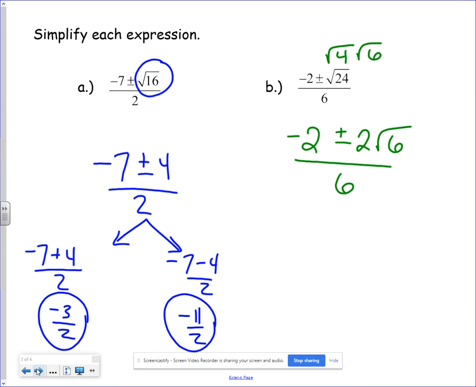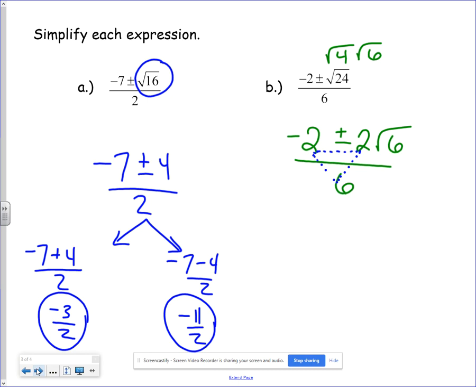Now, this one, I don't want to write it out twice like I did on the first one because I have a square root in my answer. But these numbers on the outside of your square root, you've got to always look at those. If there's a number that divides into all three of them, not just two of them, you can reduce it.